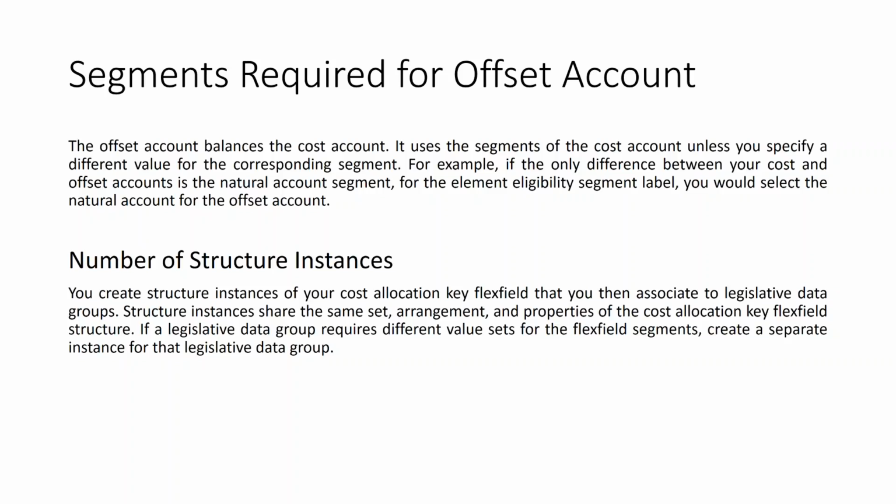The legislative data groups are generally one-to-one, like in one country you have one legislative data group. So most of the time it's one. Suppose you have 5 legal entities in UAE. Each of them follows the same structure of cost allocation key Flexfield. Then you create only one structure instance for the same.